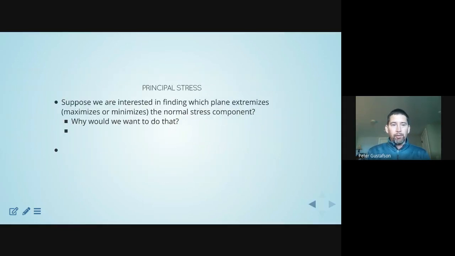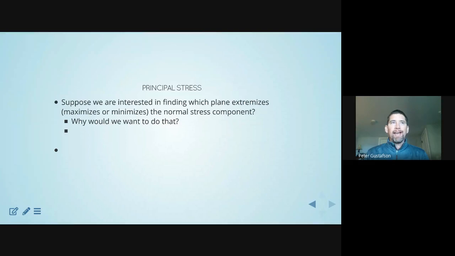Now, I've hinted a couple of times that external surfaces are not the only thing that tractions are useful for, and that we'll find the ability to calculate shear and normal components of tractions to be extremely important. Well, here's why. We have this concept called principal stress. Suppose we're interested in finding the plane, i.e. the normal to a given plane, that extremizes the normal stress component.